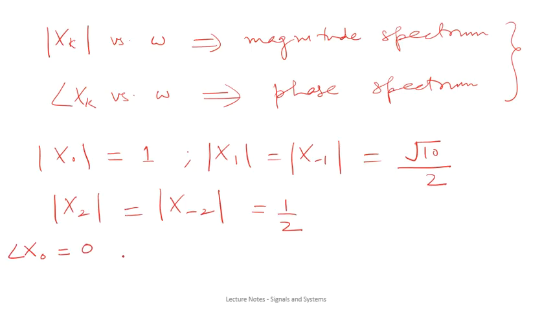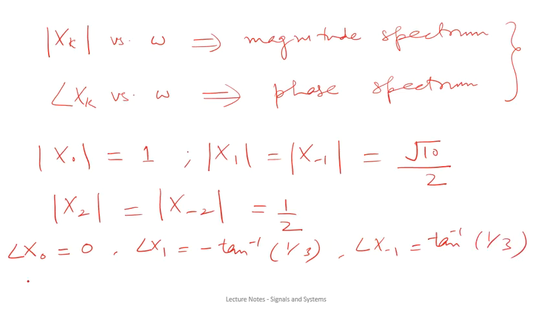It will be 0, and angle of x1 will be minus tan inverse of 1 by 3. Then angle of x of minus 1. So you can just obtain these very easily from that complex form which we have written for different coefficients. Angle of x2 will be pi by 2, and x minus 2 will be minus pi by 2. So you have obtained these values.